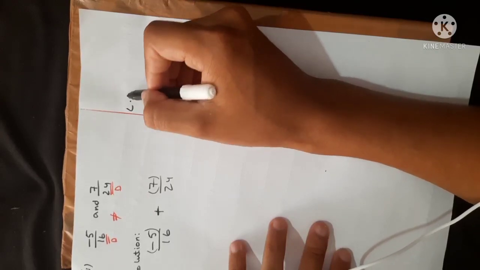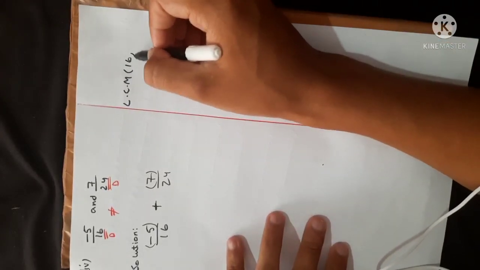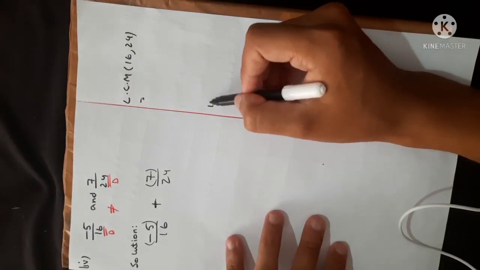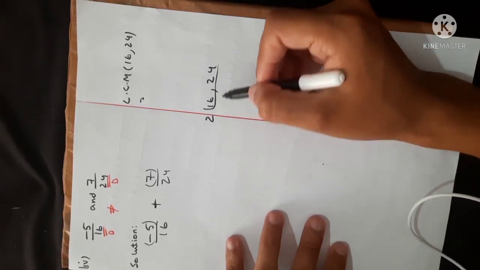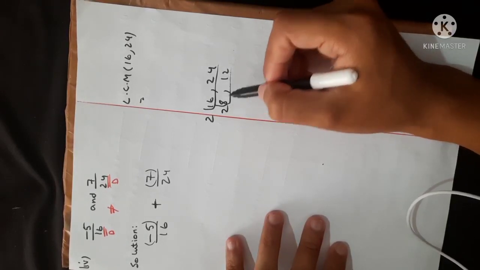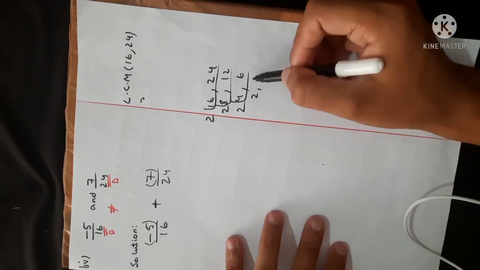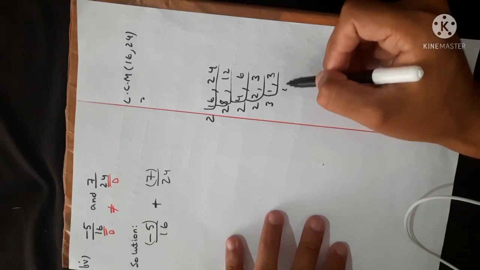Next, what should you do? You should find the LCM of the denominators. LCM of 16 and 24 equals how much? So 16, 24. Let us do first by 2. 2 into 8 are 16. 2 into 12 are 24. 2, 4 are 8. 2, 6 are 12. 2, 2 are 4. 2, 3 are 6. 2, 1, 3. 3, 1, 1.